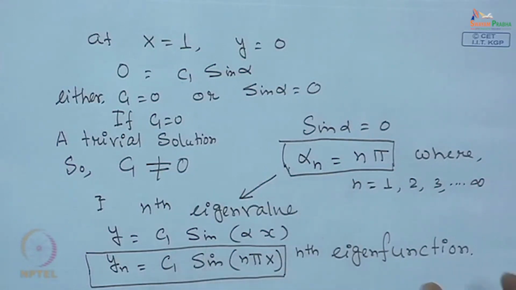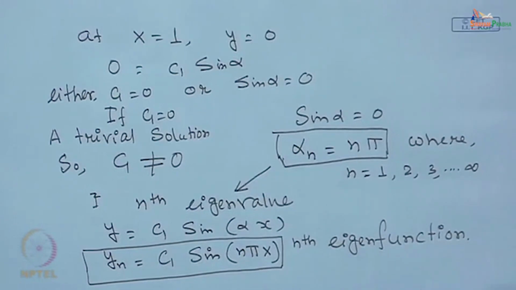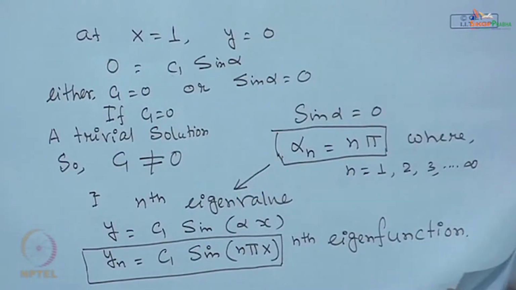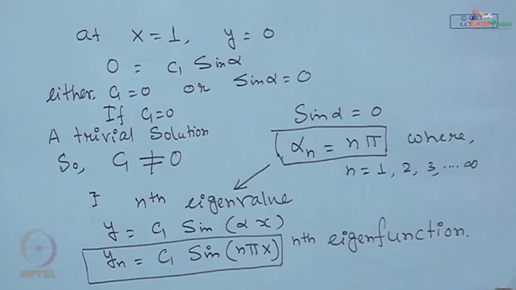So, next what we will do is change the boundary condition from Dirichlet boundary conditions. What we have are homogeneous boundary conditions: at x is equal to 0, y is equal to 0, and at x is equal to 1, y is equal to 0. These are the Dirichlet boundary conditions. Now, let us see what the form of eigenvalues and eigenfunctions is in the case of a Neumann boundary condition.